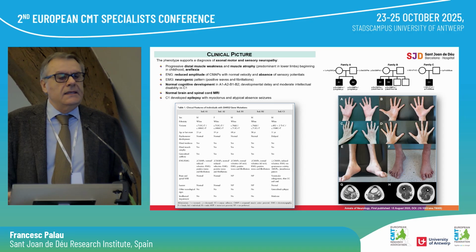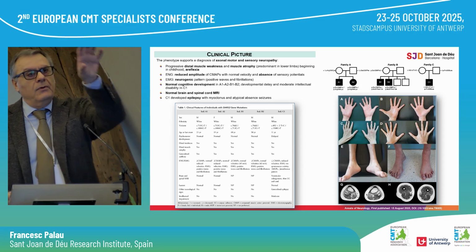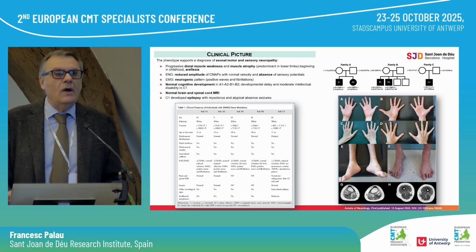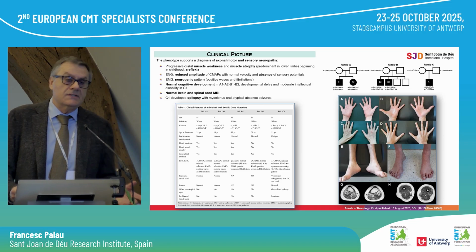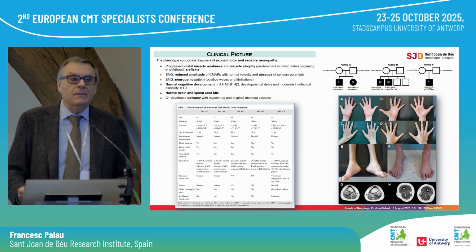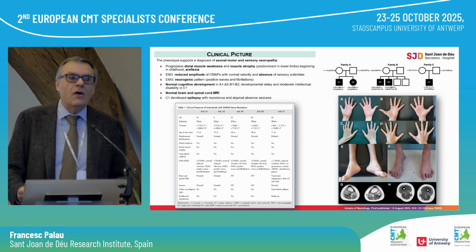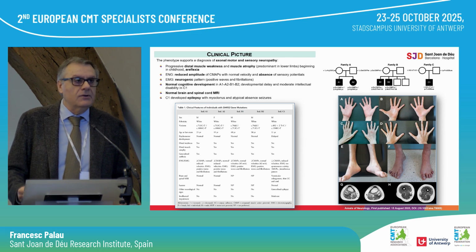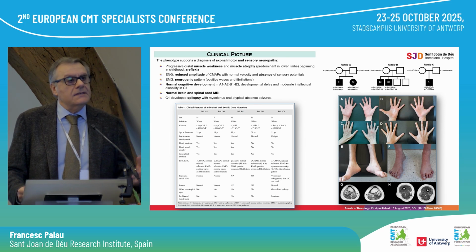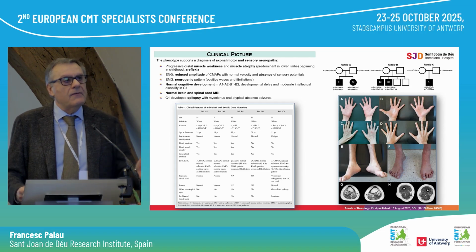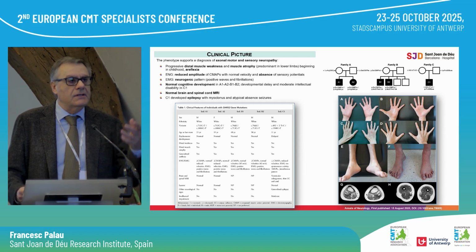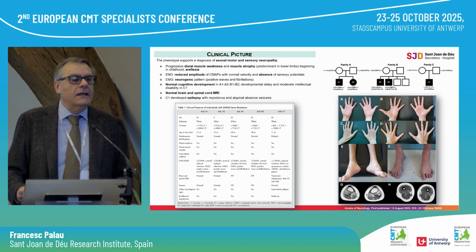So these are the families we have here on the top, on the right: three families, one from our hospital in Barcelona, two others from Marseille, and one isolated case from Estonia. All these patients have axonal neuropathy. You have here all the clinical picture, the table showing the major aspects.